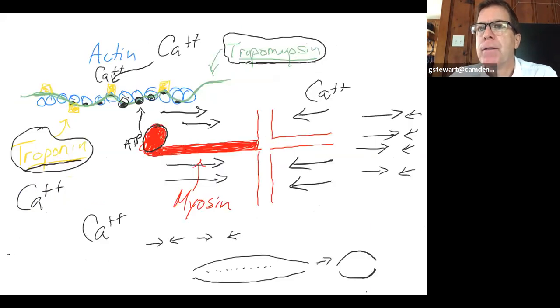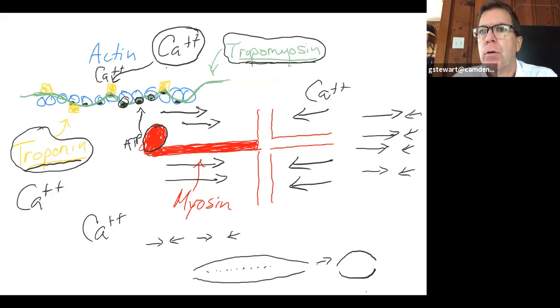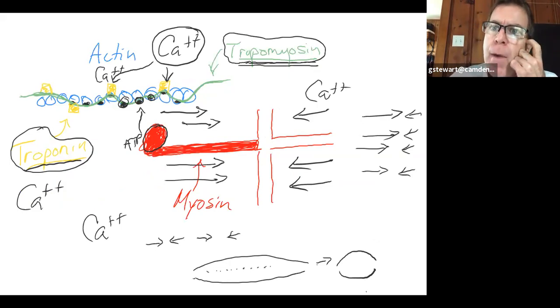Calcium ions then bind to troponin, which lifts tropomyosin off of actin, exposing the active binding sites on actin, so that myosin can reach up, grab the actin molecule, bind to it, and pull it toward the M line.